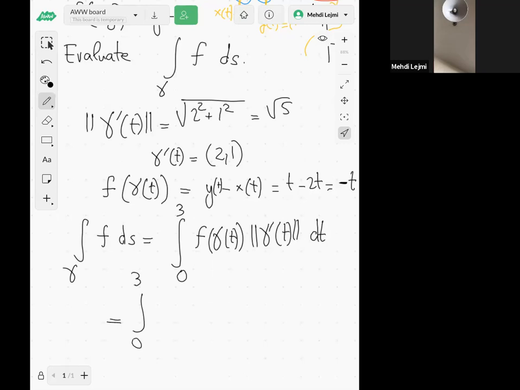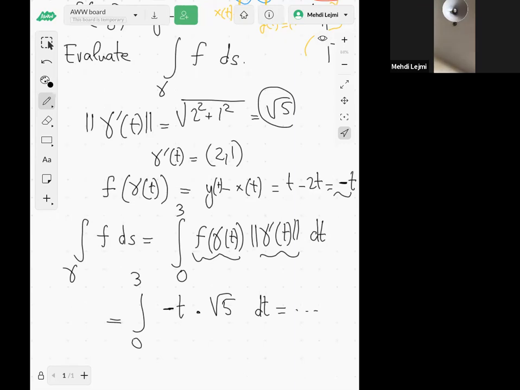The function f of gamma t is just minus t, and the length of gamma prime of t is square root of 5, so it's minus t times square root of 5 dt. And then you can easily compute this integral, right? Anyway, this is just an example when your path gamma is in the plane, not in space.